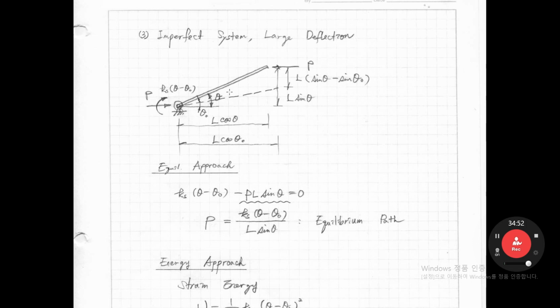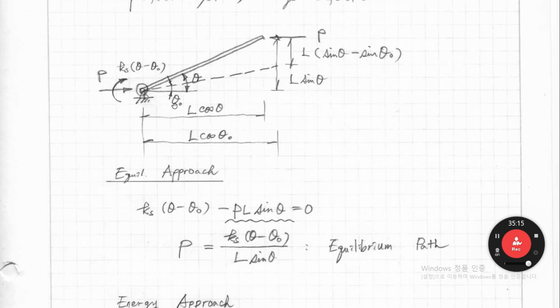For the calculation, this one is theta 0 and from here to here is theta. So the moment occurs with the magnitude Ks times theta minus theta 0, because it rotates by theta minus theta 0 after the load is applied. This dotted line is the original location.